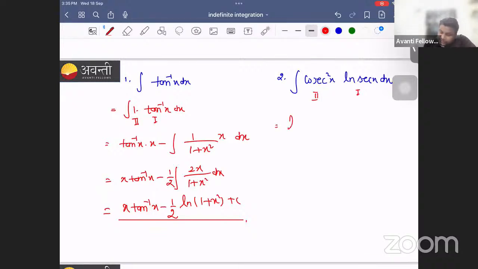So it is first integration of second, cosec square x integration is minus cot x, minus integration derivative of first. First derivative is 1 by sec x into sec x tan x. Second integration minus cot x dx. Am I correct?